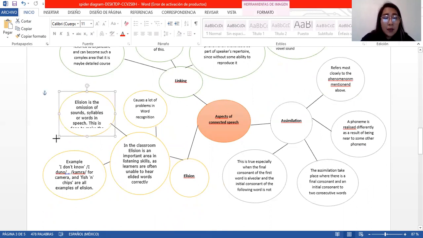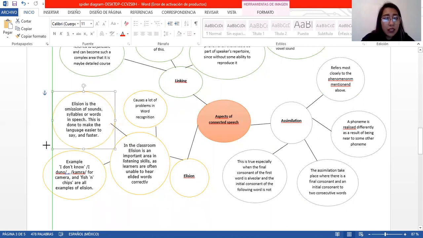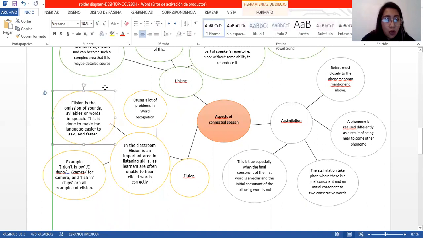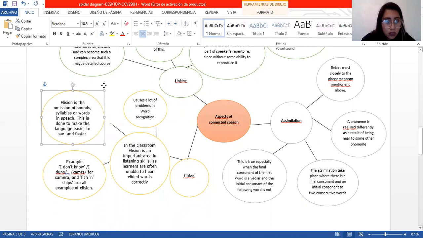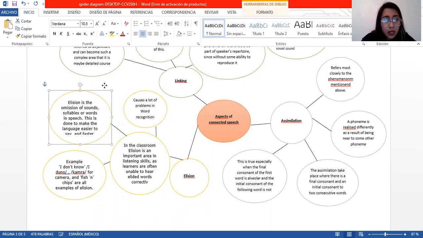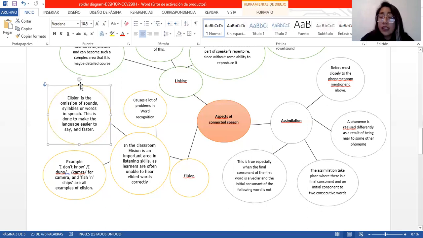And many times when we are learning any language, French, Spanish, or any language, there are elisions that native speakers use to omit some words because they speak quickly, faster than a learner does. So elision is part of all languages.